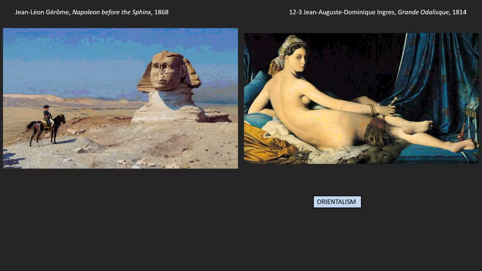But the French are arch colonizers in the 19th century. And already in the 1820s, they are colonizing North Africa, particularly Algeria. And they remain in control as the colonial lords of Algeria all the way to the early 1960s.